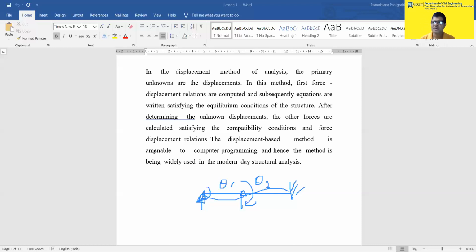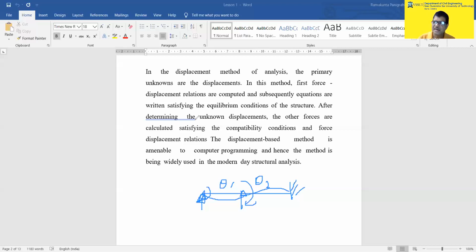Out of 4 unknowns, any unknown can be declared as a redundant force. If it is not easy to calculate these deflection values, it will be cumbersome and will take more time. So the displacement method is better than the force method to calculate the values.